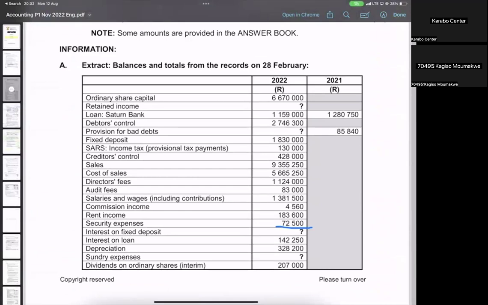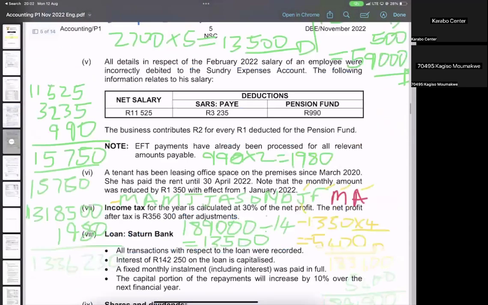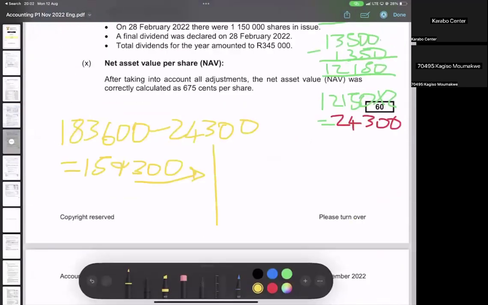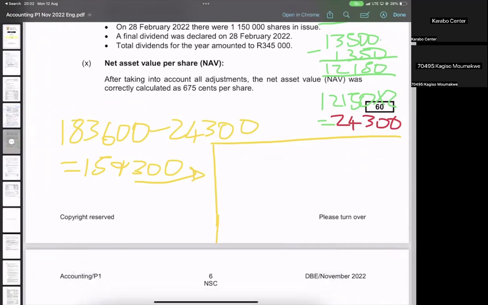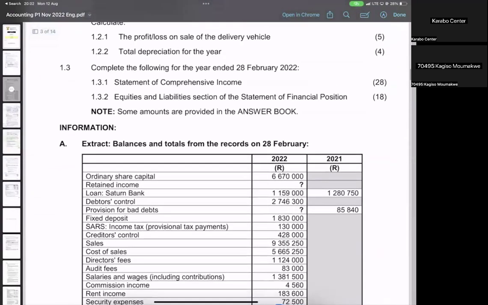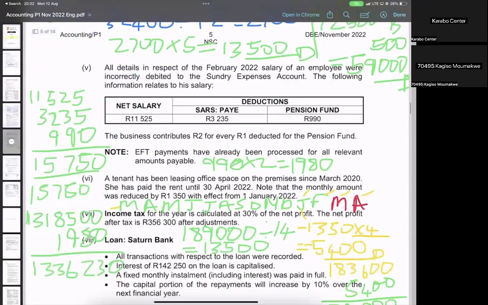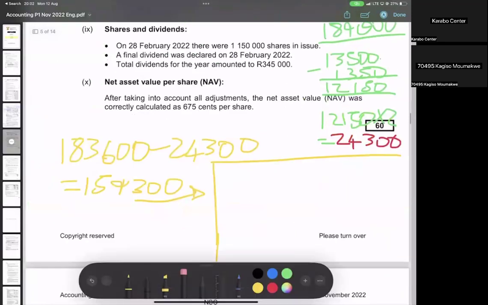And then at the end of the year, minus 1,159,000.